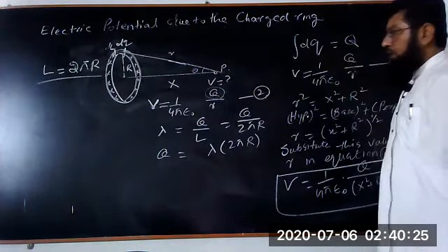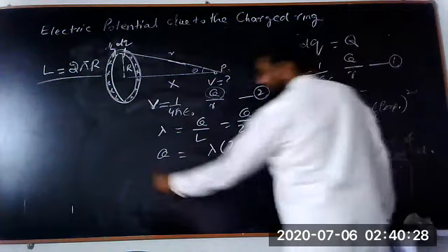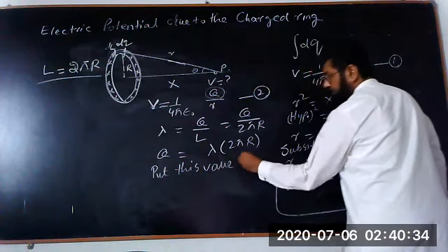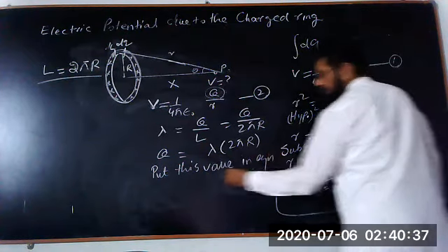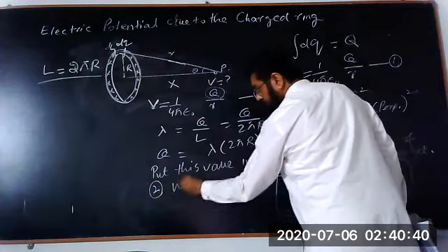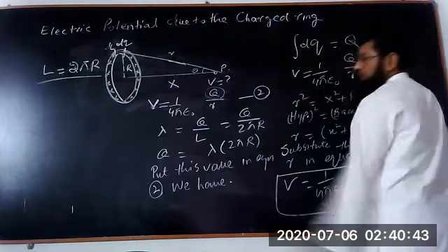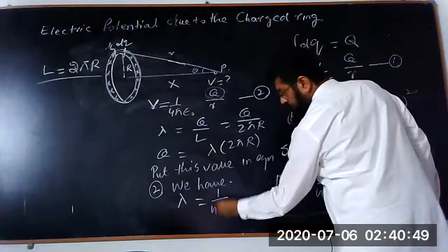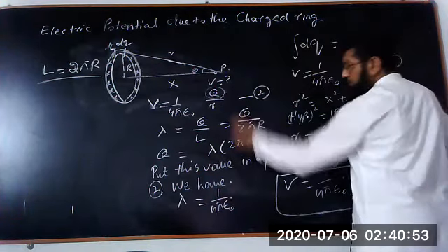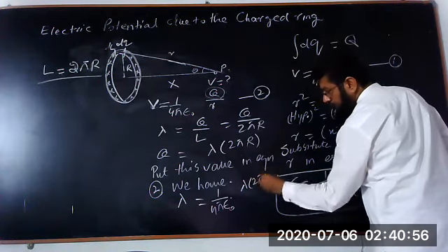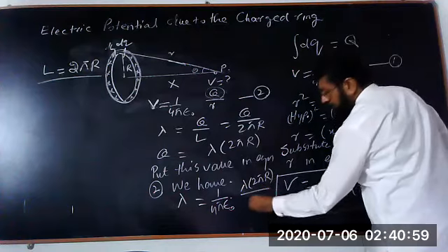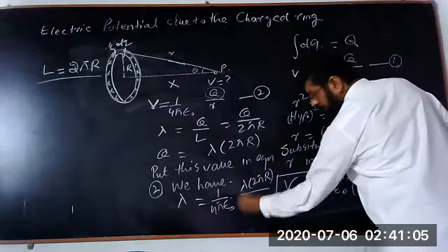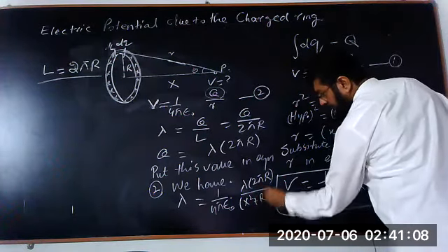Put this value of Q in equation number 2, we get the potential V is equal to 1 over 4 pi epsilon naught, Q, where Q is equal to lambda into 2 pi R, upon r, and r gives you the x square plus R square.